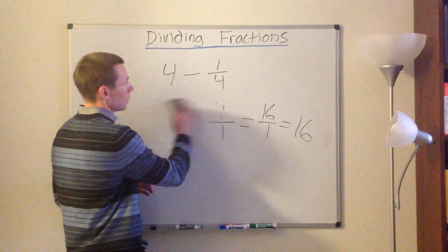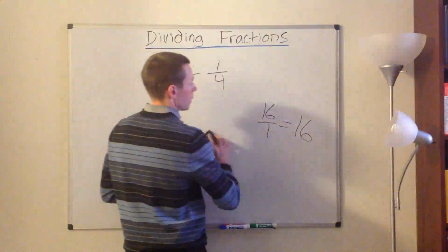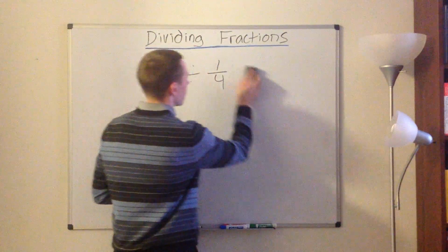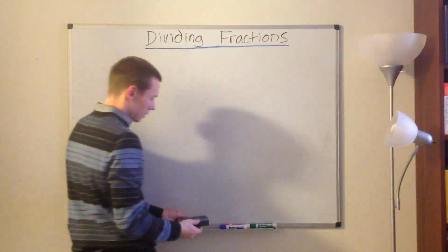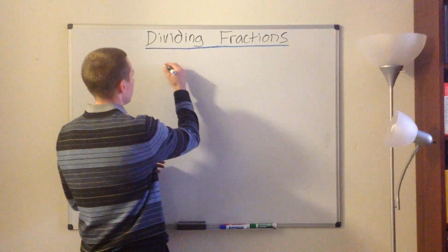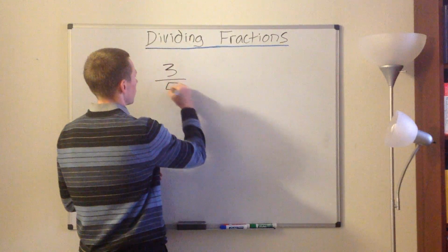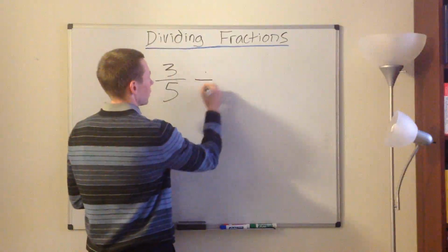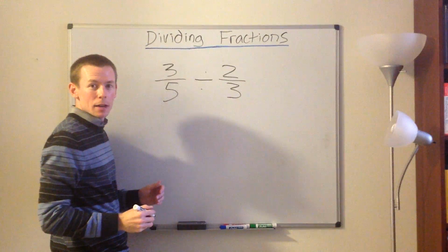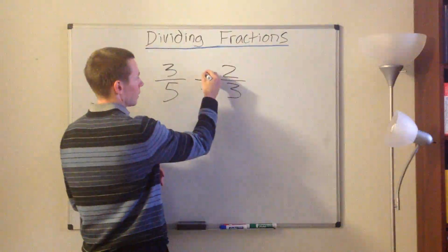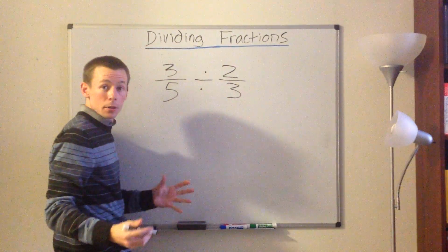But let's look now at a problem where we don't have 1 in the numerator or the denominator. Let's say we have 3 over 5 divided by 2 over 3. Well, it's still the same process.